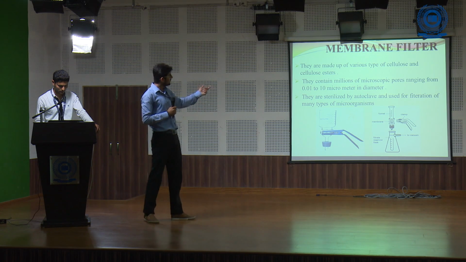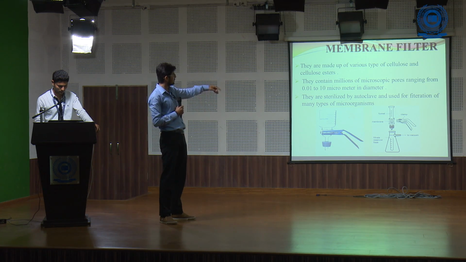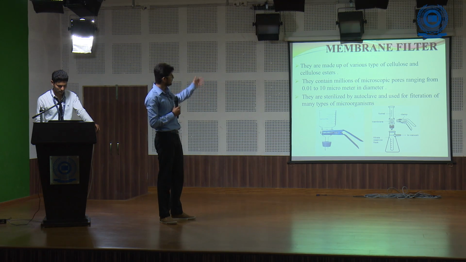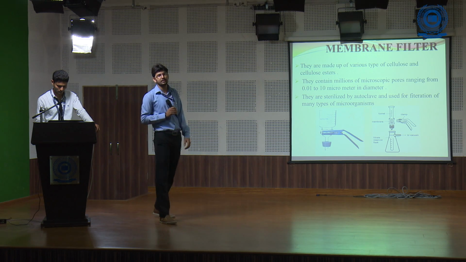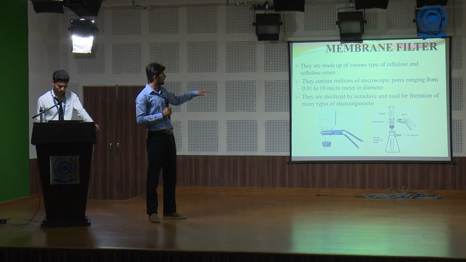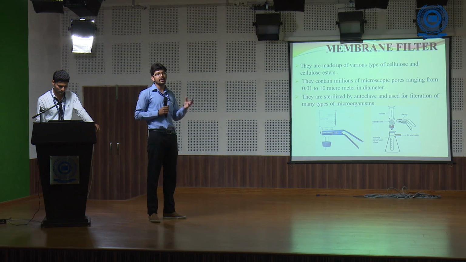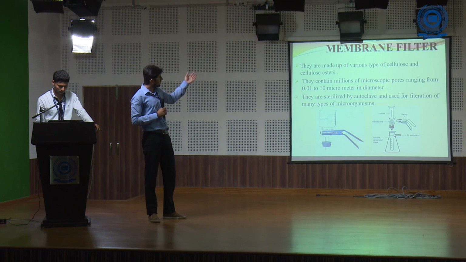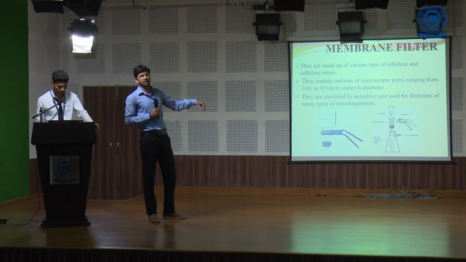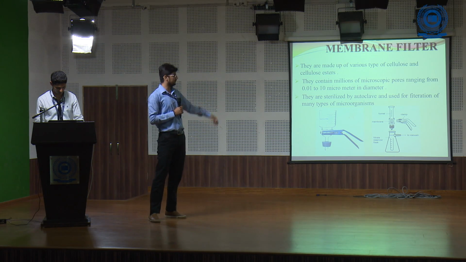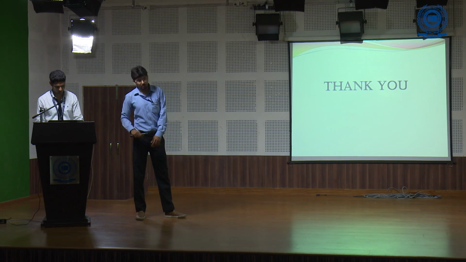In this method we take a conical flask, a membrane filter and a clamp which connects the funnel, filter membrane and the conical flask, and we pass the solution and collect the filtrate and the filtrant. This membrane filter is sometimes used for growing any type of microorganism that we collected from the water solution that we passed through this filter. Thank you.